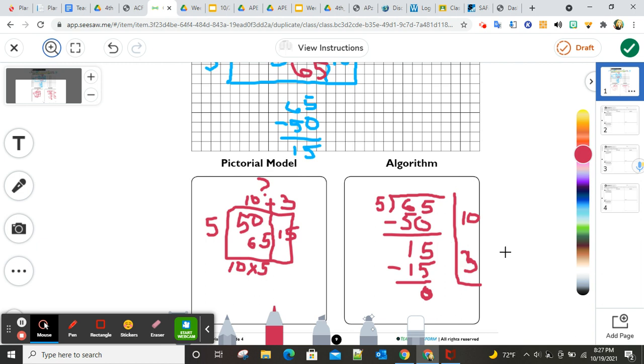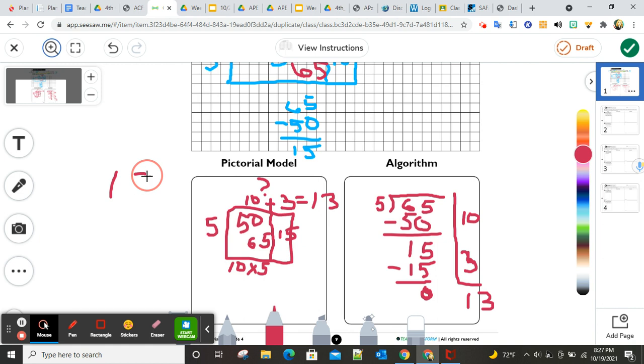My final step is to add. So I add my partial quotients, and I get 13. 10 plus 3 equals 13. Now I can check my problem through the opposite operation of multiplication.